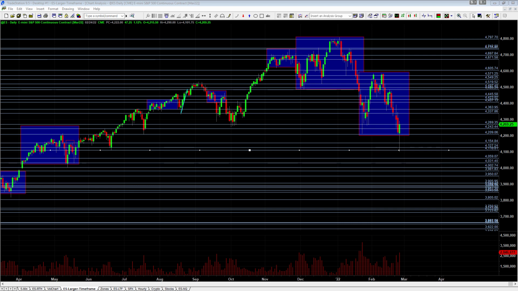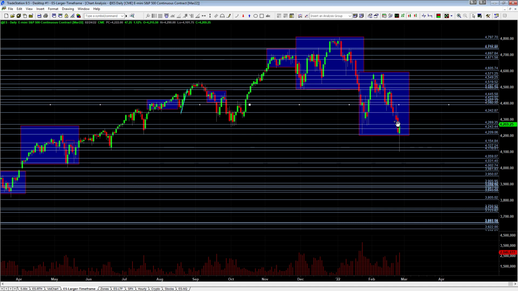Now, it's a little bit early to say, and the reason is because on the daily chart, the move starts quite high and then goes straight line down. If the market had come down and then we had a couple of days of balancing above 4208 and then the move kicked off from 4208, we would have a clear breakdown bar.